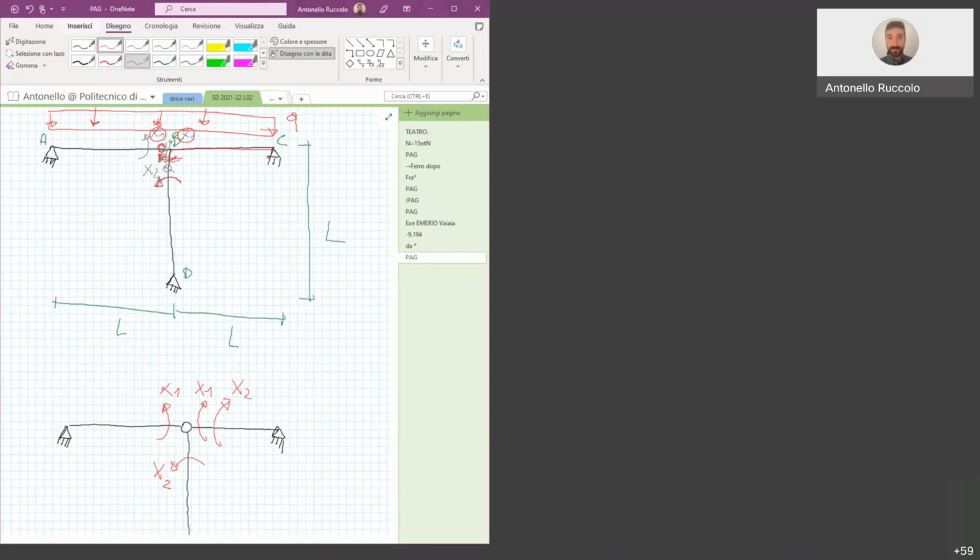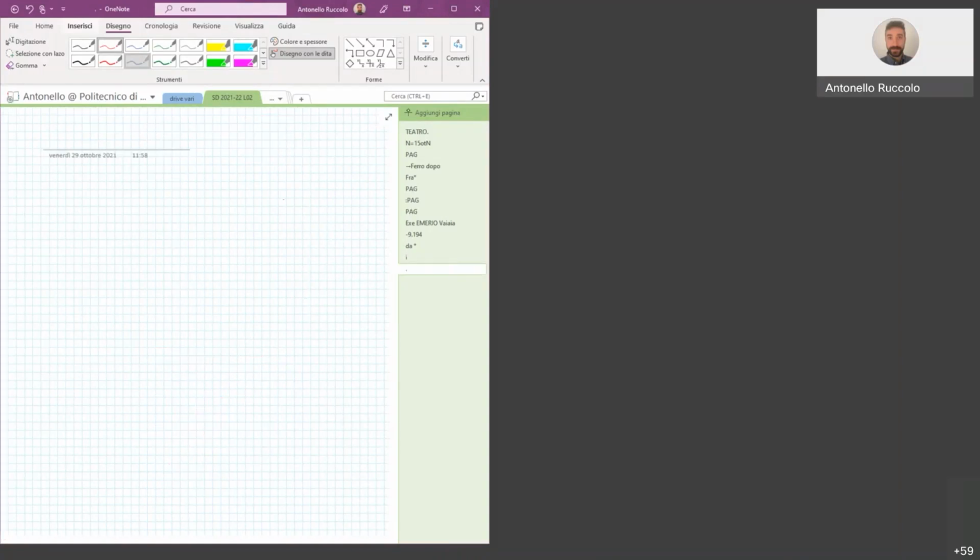Okay, so this is the schematic of the redundant forces that are identified downgrading the internal restraint in the node B. So we have x1 and x2, which are applied to both node AB, BC, and BD with this schematic.